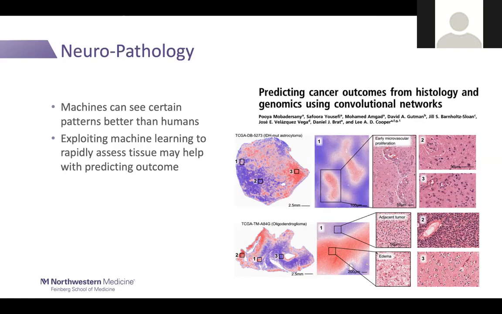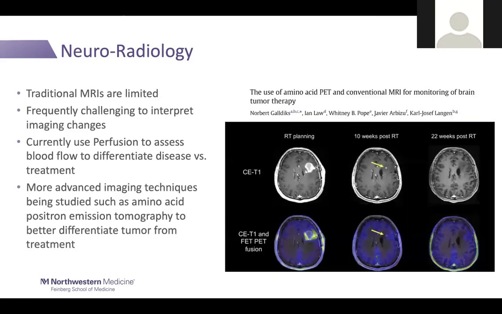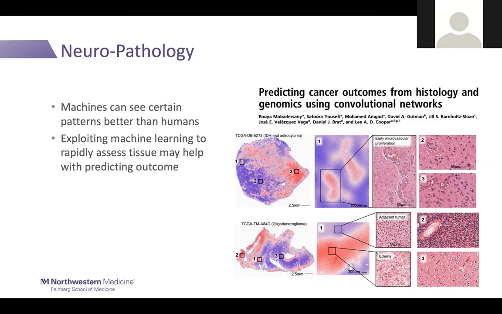These are things that our human eyes have significant difficulty distinguishing. How can we differentiate tumor from brain swelling? How can we differentiate tumor from radiation effect? These can sometimes be hard for the human eye to see, but this is something that potentially computers may be better at, and to help us with, not replace us, but help us.